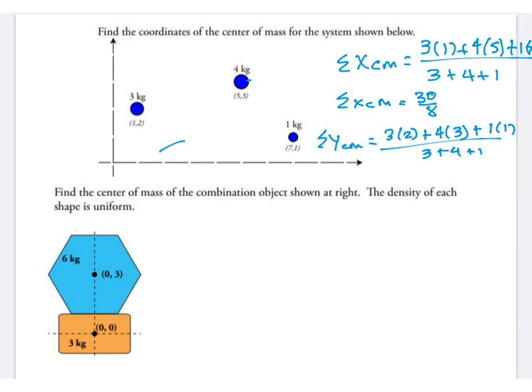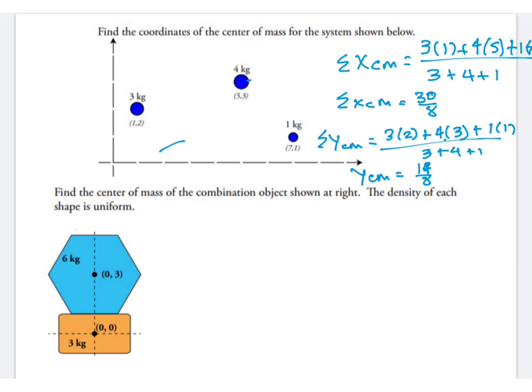That's 6 plus 12 plus 1, which is 19. 19 eighths.